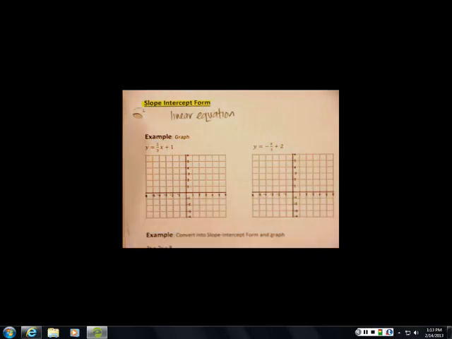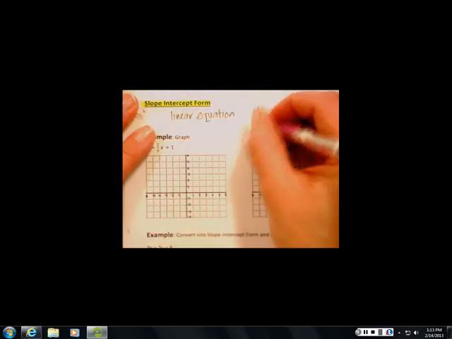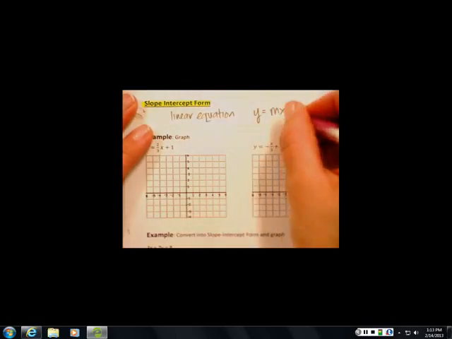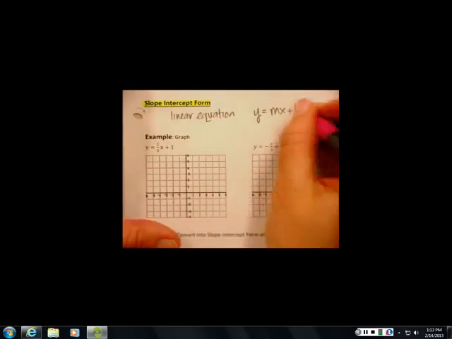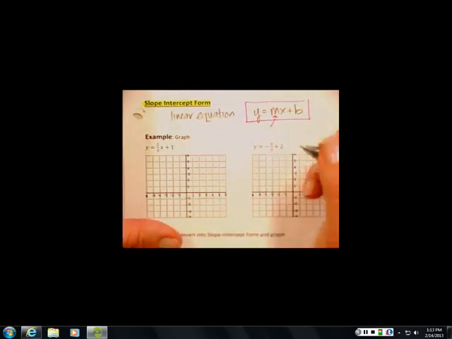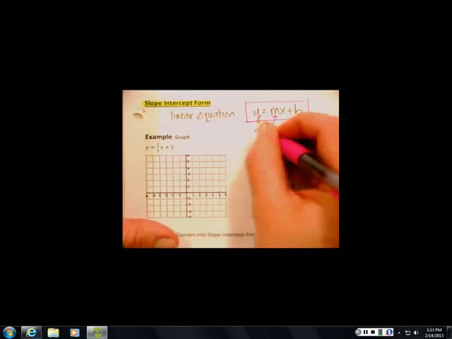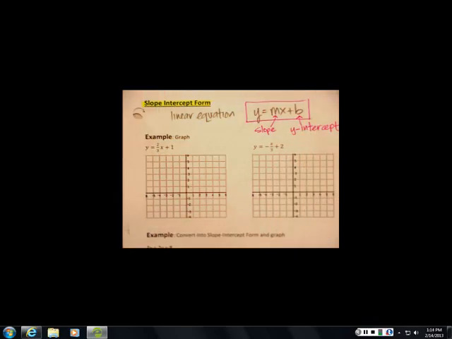It's a type of linear equation that we use, and it goes like this. Y equals mx plus b, where m represents your slope and b is your y-intercept.